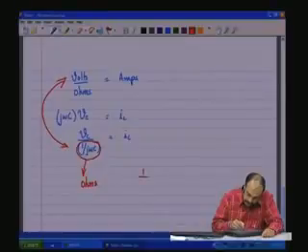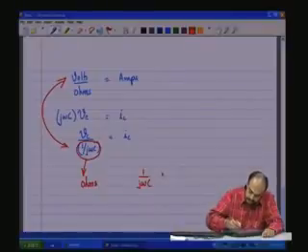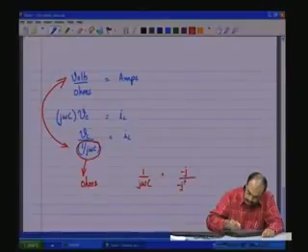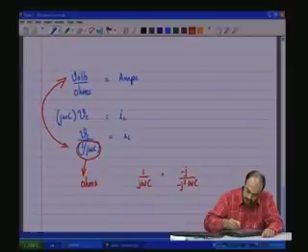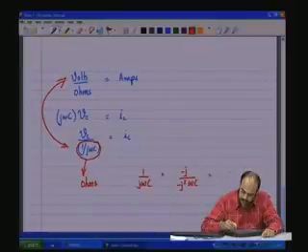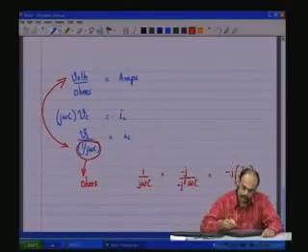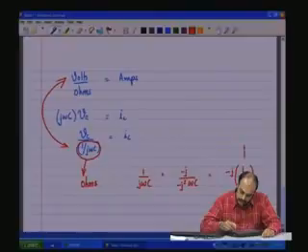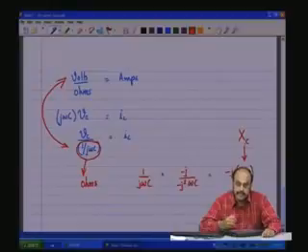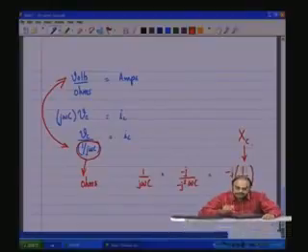So, 1 by j omega C can be written as minus j by minus j square omega C. Minus j square is 1, therefore, we have minus j into 1 by omega C. So, this we call it as capacitive reactance XC.